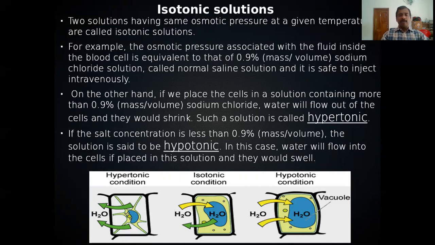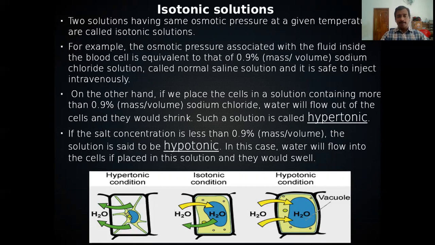So we can use 0.9% sodium chloride solution, known as normal saline solution, for the injections into the cell. Then there is no problem. No flow of solvent from the sodium chloride to the cell or from the cell to the sodium chloride because they are isotonic. So if there is a higher concentration for the solution outside the cell, then what happens?